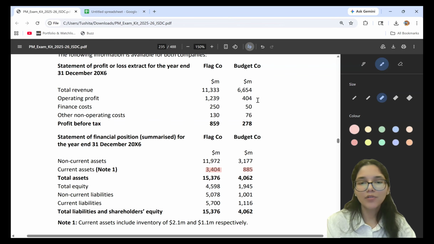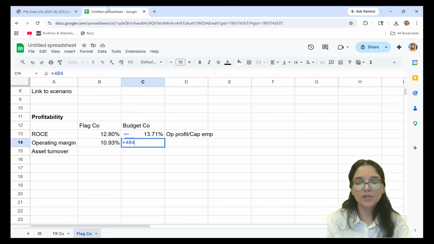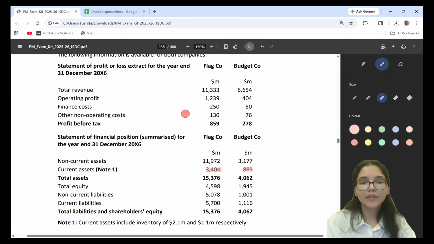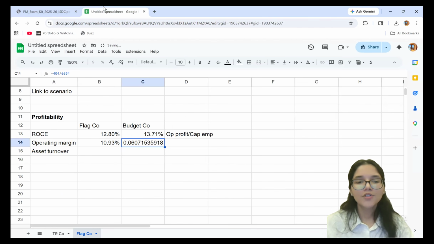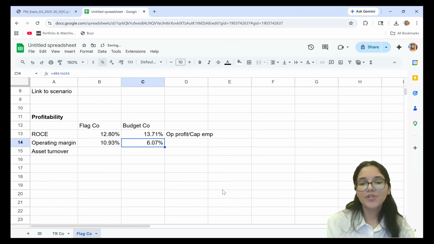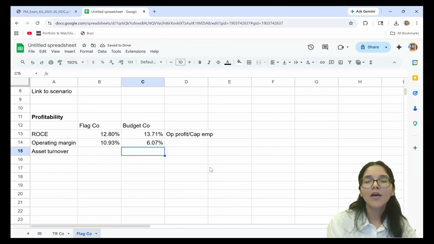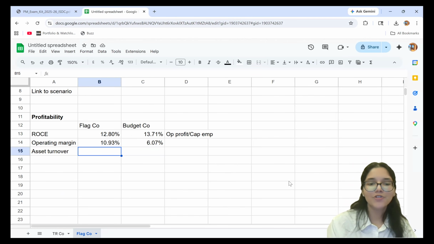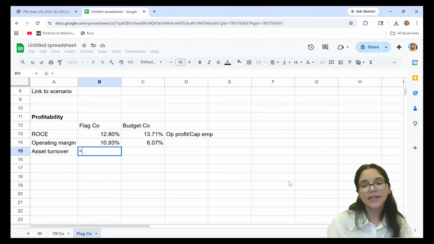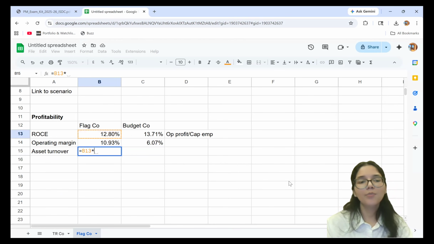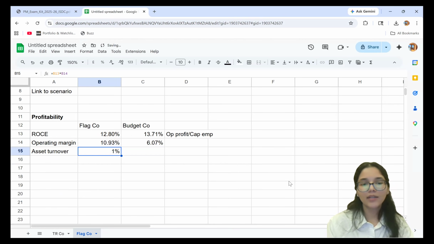Similarly, for budget company, you have your operating profit of 404. You divide it by your total revenue, which is given to you as 6654. You hit enter, convert this to a percentage, and 6.07 is what we calculate as the operating margin for the budget company. Asset turnover, we've studied the formula. It's the ratio of the ROCE and the operating margin.